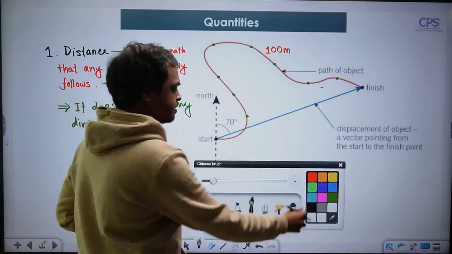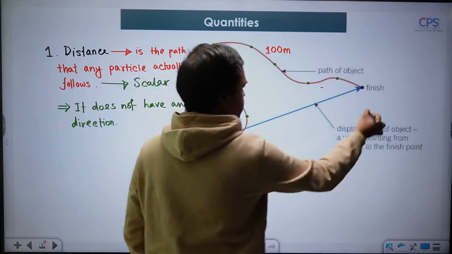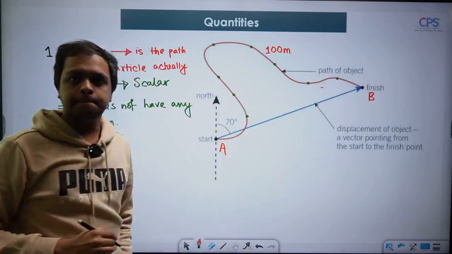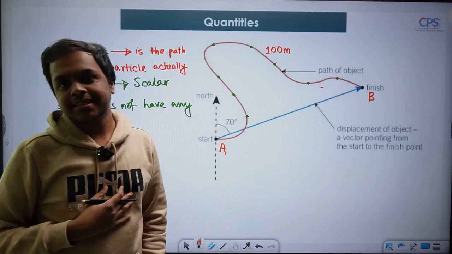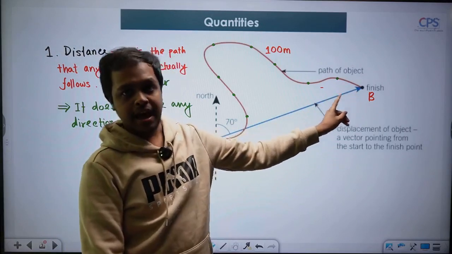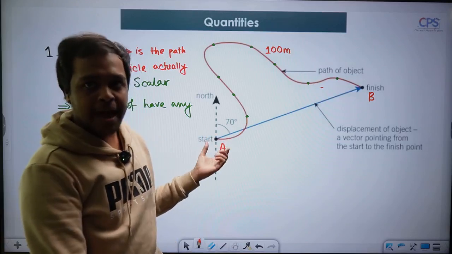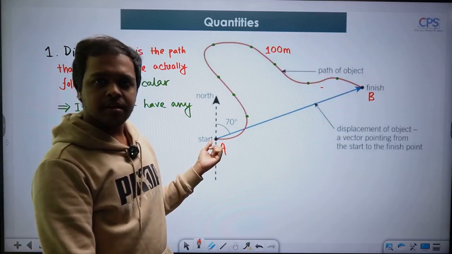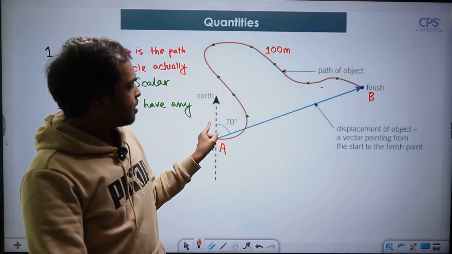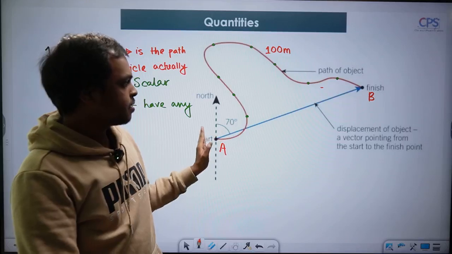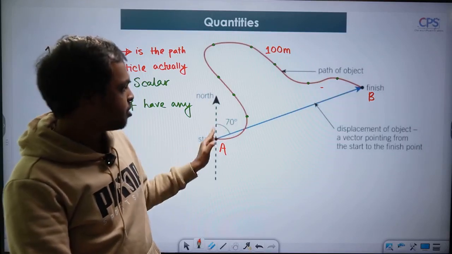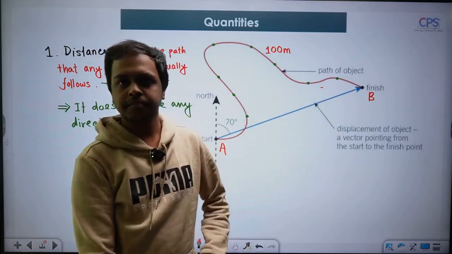Let's say this is position A and this is position B. So the path leads you to B. But what if I say you are going from A to B, and that's correct, and what if I say in the map that you are going from the north, making an angle of 70 degrees to the right of north, to this finishing position.